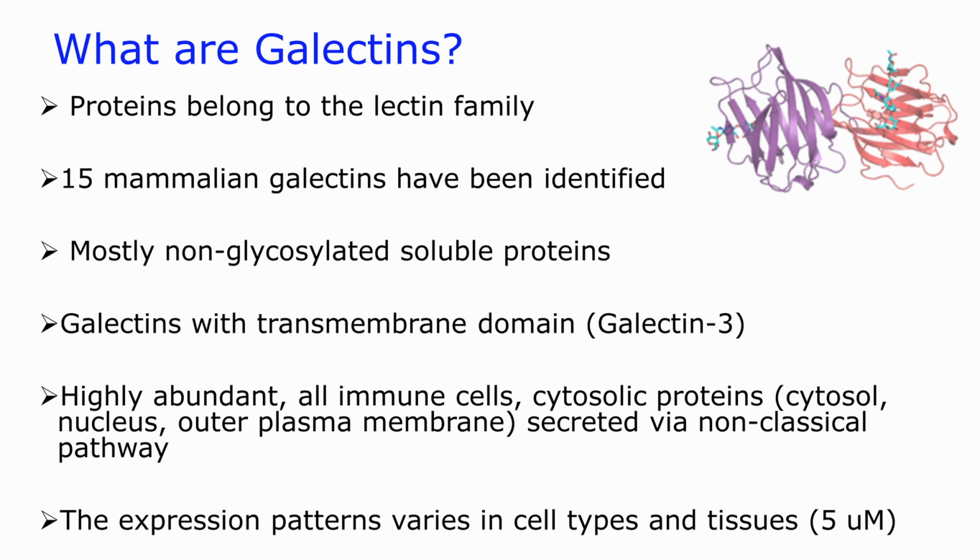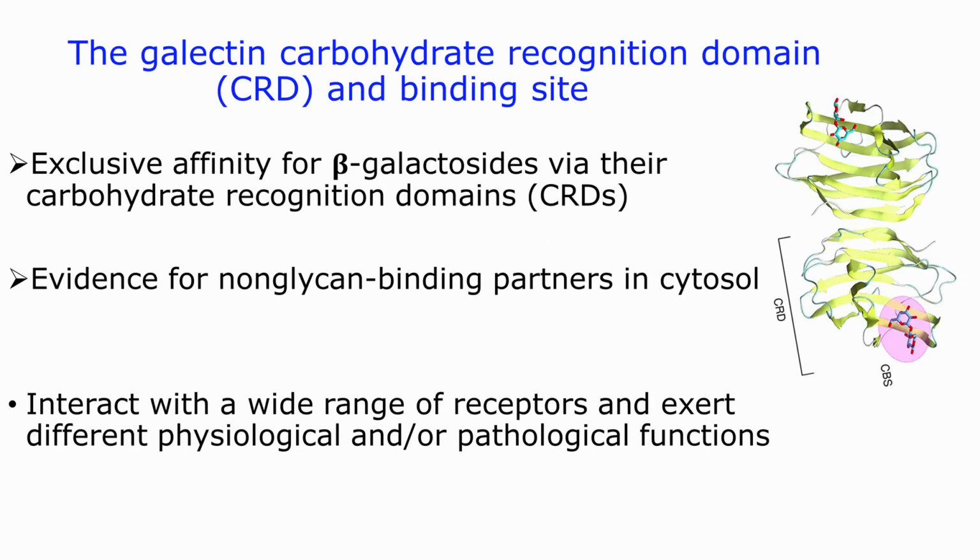In terms of concentration and expression level, it varies depending on the cell and the kind of microenvironment they are present in. This is just repeating what was presented in the previous talk. Structurally, the main common feature of galectins is the CRD, which can interact with glycans, and they have very high affinity for beta-galactosides. However, they can bind non-glycan components as well.